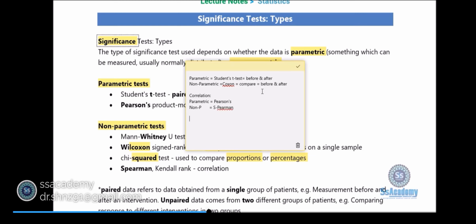Once again, the non-parametric heading. You have non-parametric data, proportions and percentages. You compare them, so you need to do the chi-squared test. Chi-squared test equals proportions or percentage.